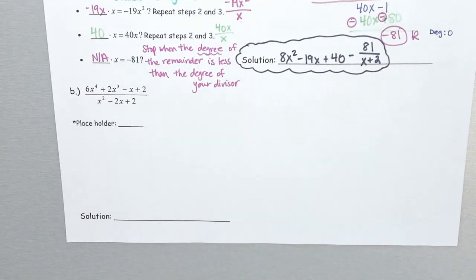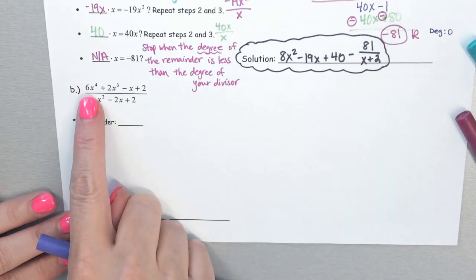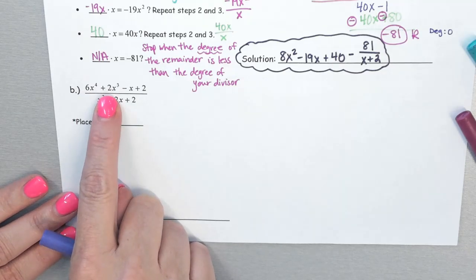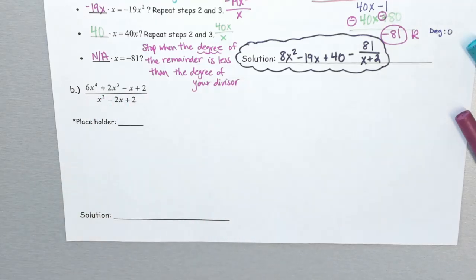And then for part B, one thing I recommend, it's not mandatory, but I really do think it helps make sure you don't combine any terms that are not like terms, is to put in a placeholder. So if you look at this dividend here, this polynomial, you have 6x to the 4th plus 2x cubed minus x plus 2.